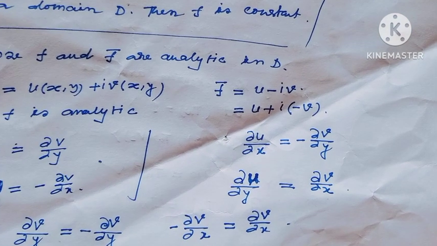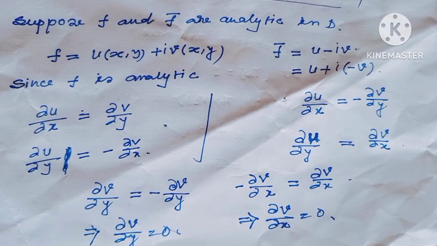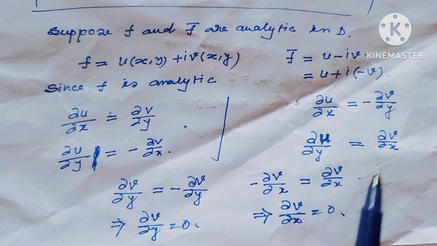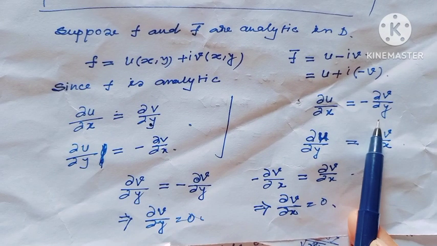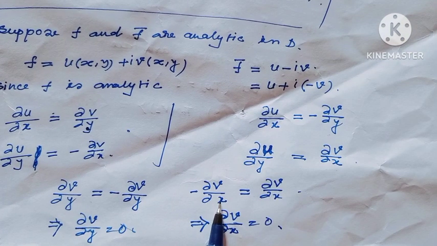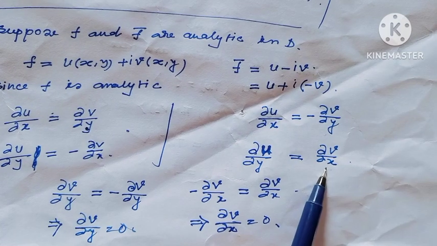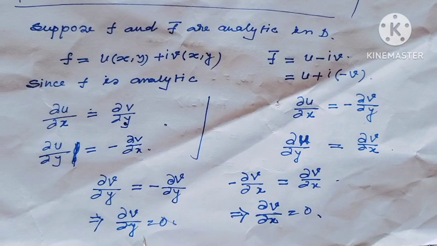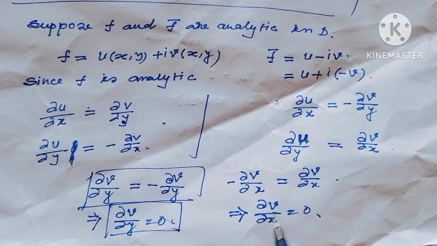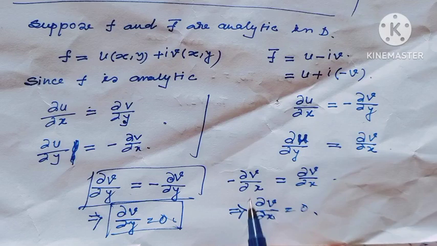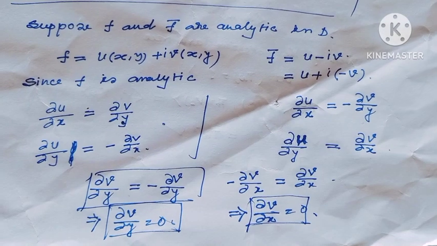Now compare these two equations, then I will get del v del y equal to minus del v del y and minus del v del x equal to del v del x. That implies del v del y equal to 0, and from this equation del v del x equal to 0.